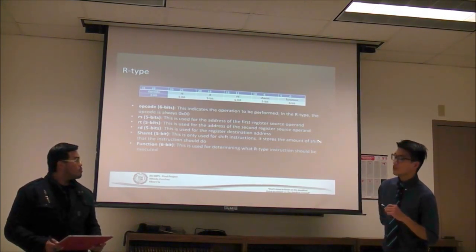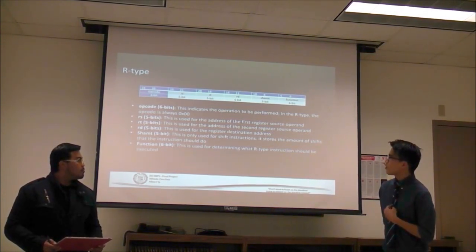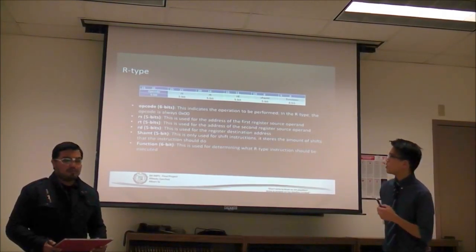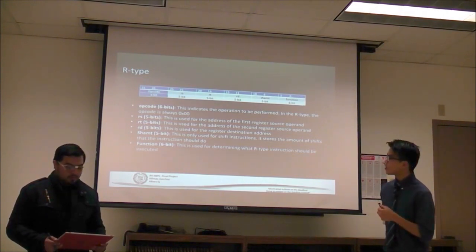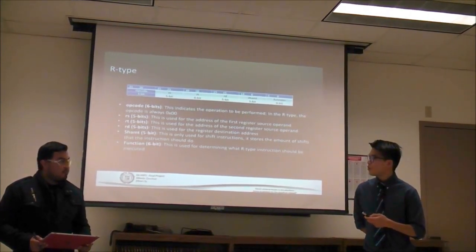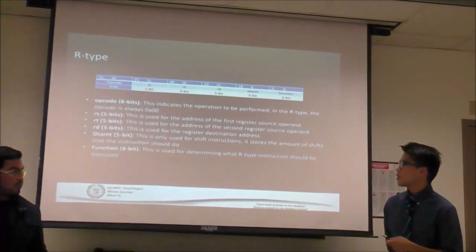RS is our first register source operand, RT is our second source operand, and RD is our destination. Following that is our shift amount, which is also 5 bits, and function, which will tell us which R-type function we will perform, which is 6 bits.